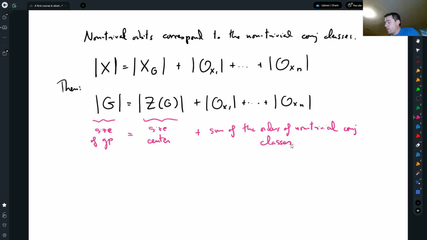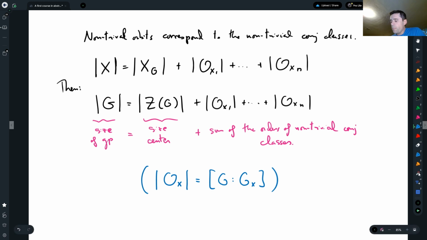We're going to simplify this formula even more, using the fact that we've proved the orbit-stabilizer theorem. Remember that we proved that the size of the orbit is the index of the stabilizer. So we're going to use that to replace this by certain indices.